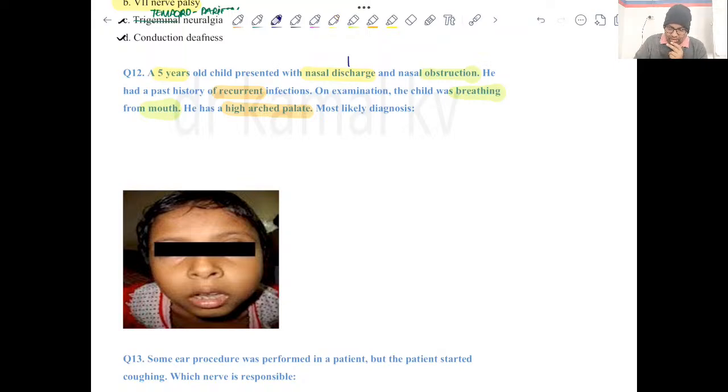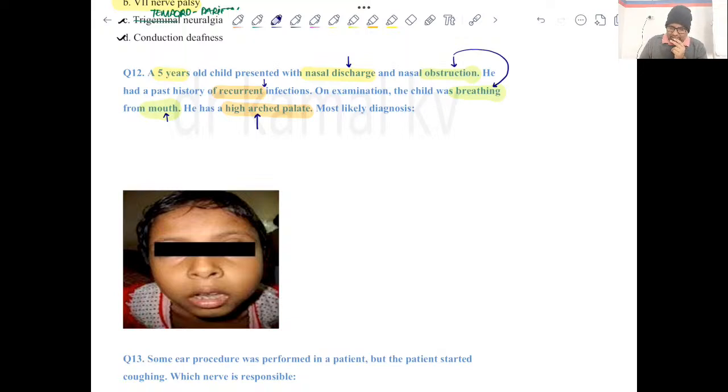There is nasal discharge and nasal obstruction, frequent nasal infections, and the patient is breathing from the mouth. Why? Because there is nasal obstruction. Because of nasal obstruction, the patient is forced to breathe from the mouth, and just because of this there is a high arched palate. Yes, Mohammad Anas, absolutely right.